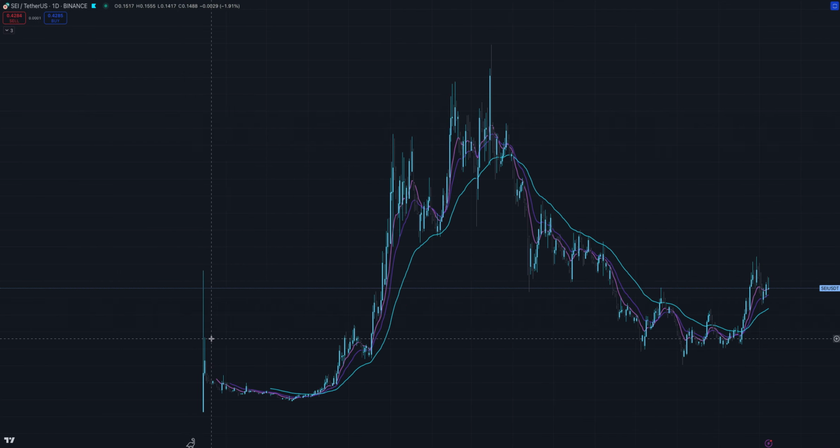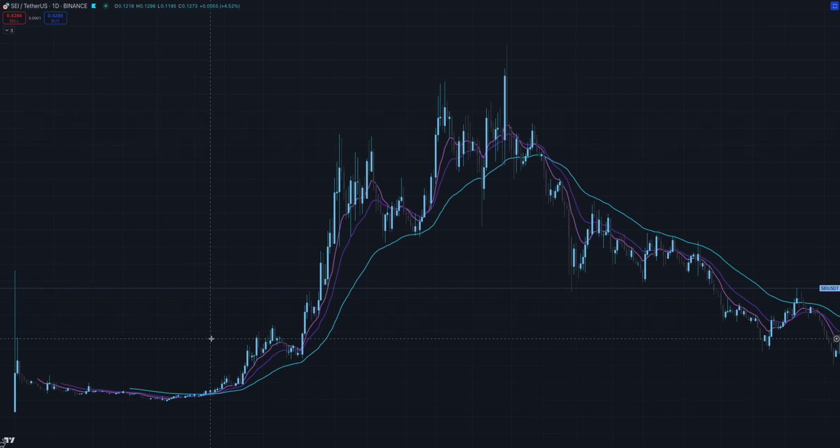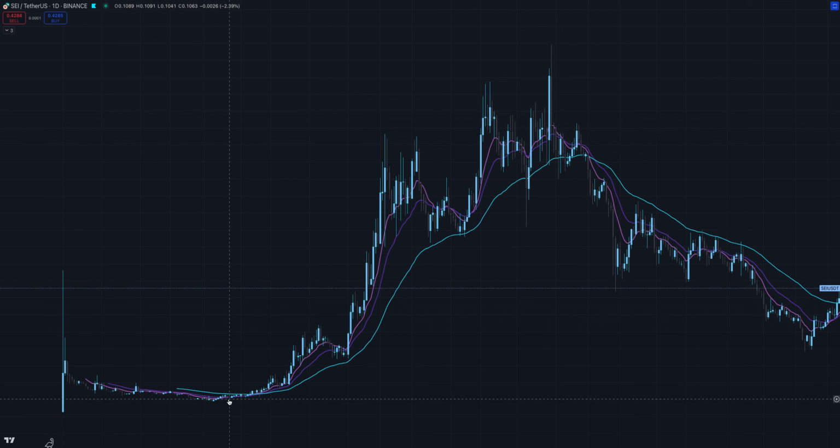And as you can see, the basic concept with any kind of EMA, not fussing over the exact values, is that when the shorter term moving average crosses over the longer term moving average, we say that it is a bullish cross or a golden cross, and we are looking for buys. We say the trend is up until it is not, which is when the shorter term moving average crosses below the longer term moving average.